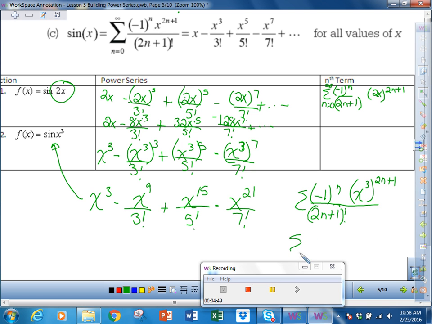Now, of course, if they simplify that, it could be written as 2n plus 1 factorial, all of this remains the same, and this would be x to the 6n plus 3, because we have to distribute that. When we raise a power to a power, we multiply. Okie dokie?